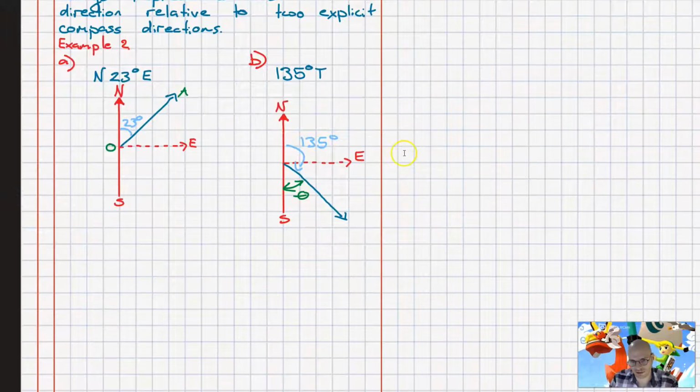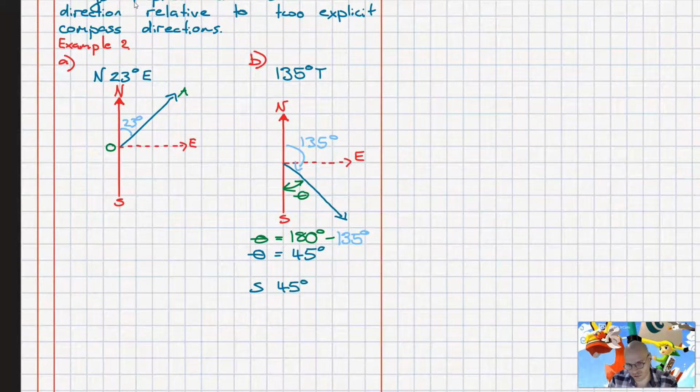Now the theta itself is going to be 180 degrees take away the 135, which will equate to being equal to 45 degrees. So what we can say for the conventional bearing layout is this is equal to south 45 degrees to the eastward direction.